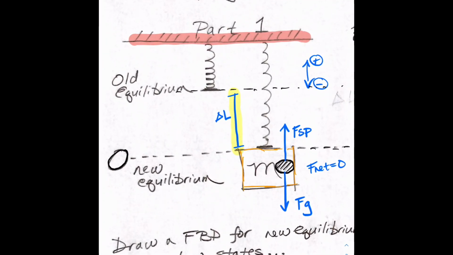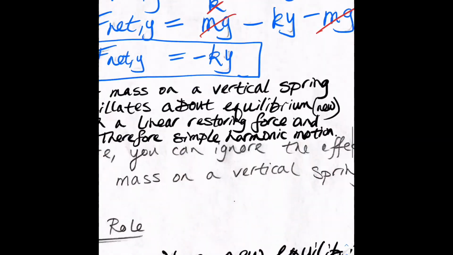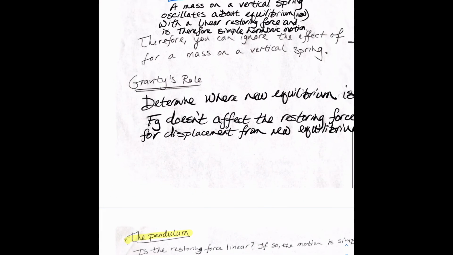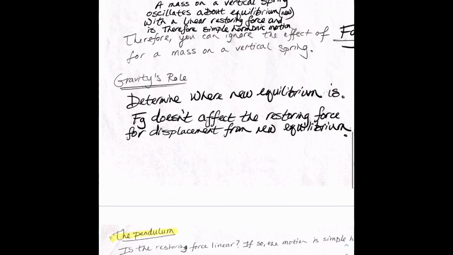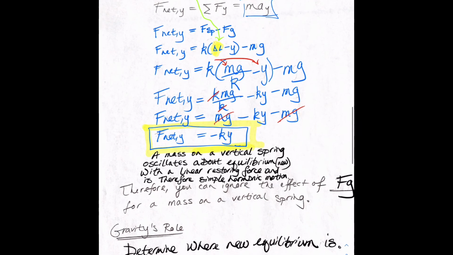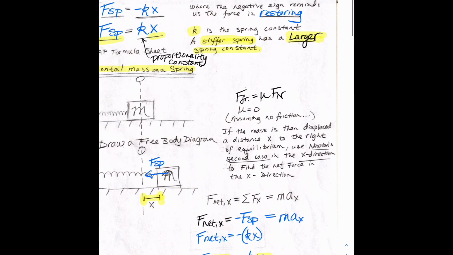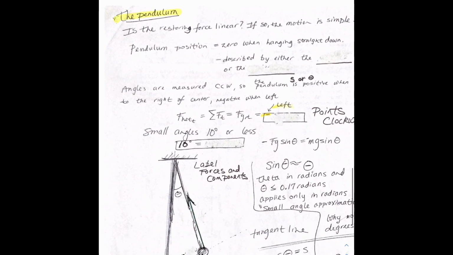And then once you find it, the mass will oscillate with a linear restoring force in simple harmonic motion about the new equilibrium. That is what we're saying. All right, cool. What about the pendulum, right? Does the pendulum have a linear restoring force similar to a vertical mass or a horizontal mass right here? Can a pendulum be described the same way, right?